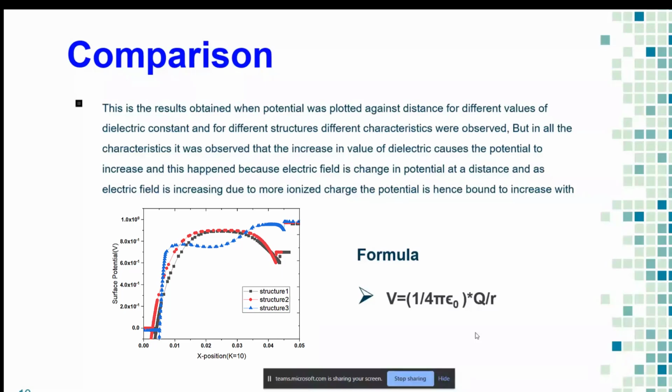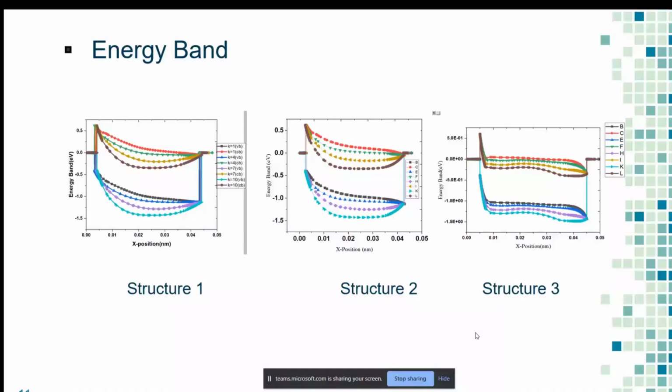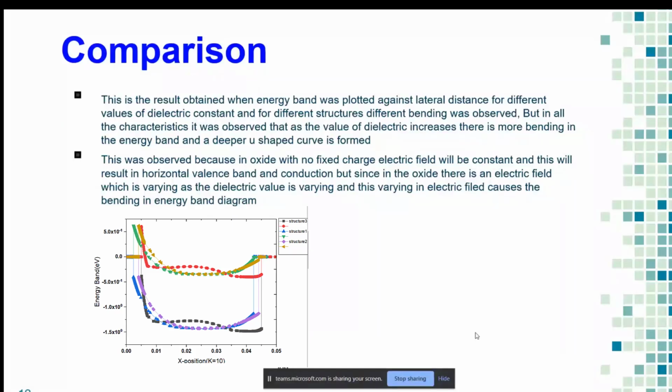Nikhil, next slide. These are energy band diagrams. Basically, in a basic T-FET structure, when we get sufficient gate bias, band to band tunneling occurs because the conduction band of the intrinsic region aligns with the valence band of the P region. In comparison, we can see that when we increase the dielectric constant, the on current increases.